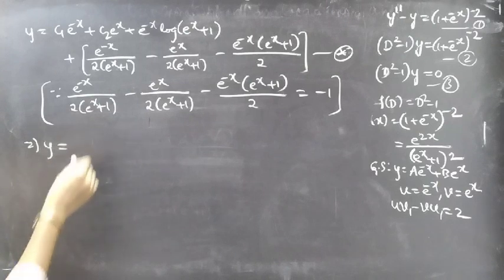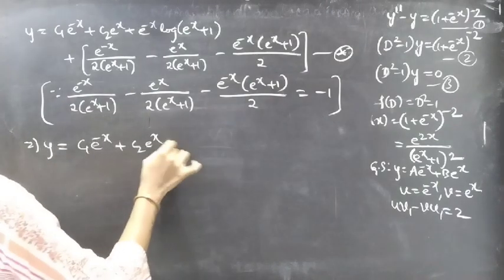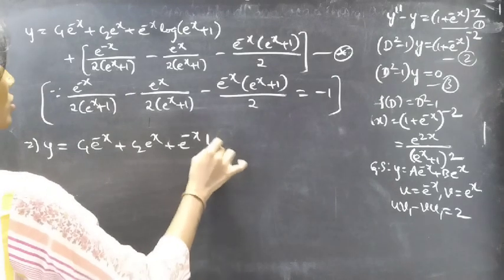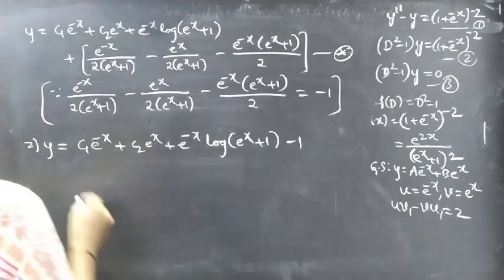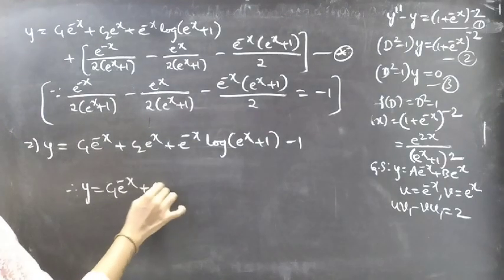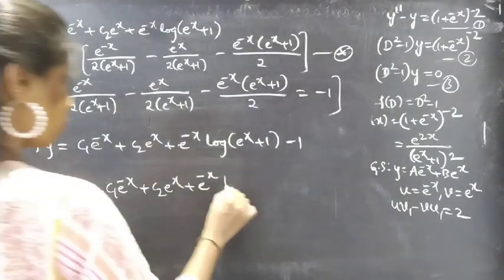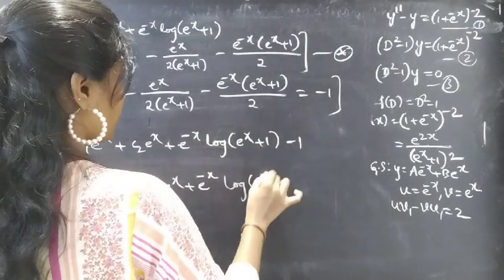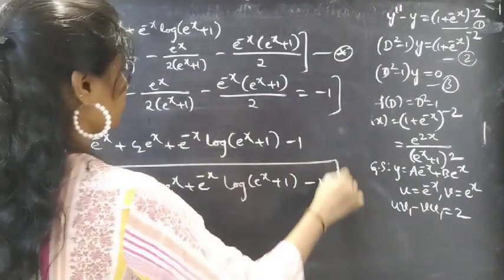Then the above equation becomes c1 e^(-x) + c2 e^x + e^(-x) log(e^x + 1) - 1. Therefore, y equals c1 e^(-x) + c2 e^x + e^(-x) log(e^x + 1) - 1 is the required solution.